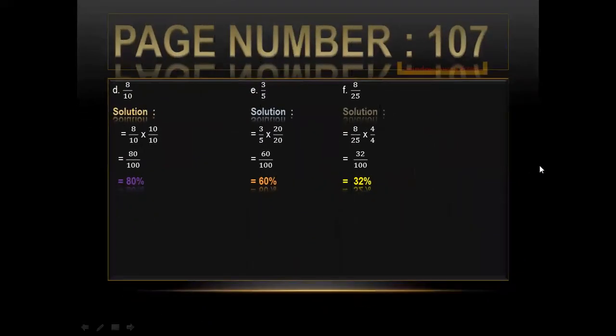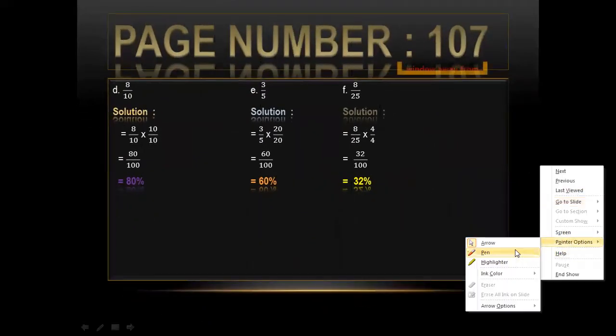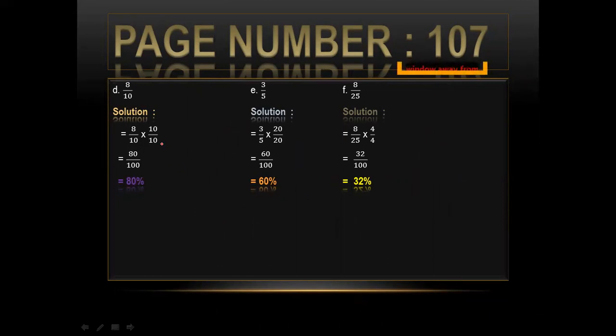Yes, part D is 8 over 10. Again there is 10. It means that we multiply numerator and denominator both with 10. 80 over 100, and instead of 100 we put there the sign of percent. 80% is our answer. 3 over 5.